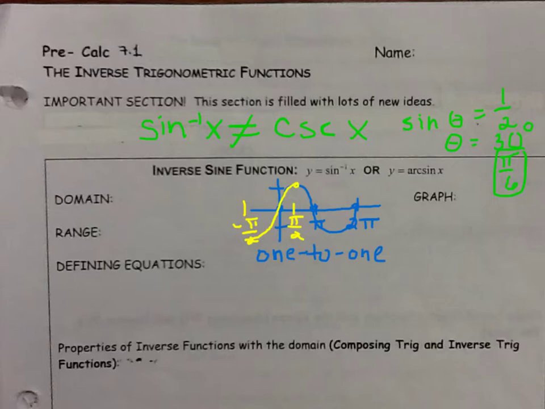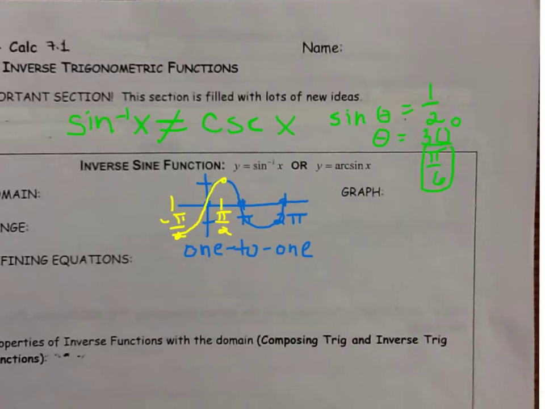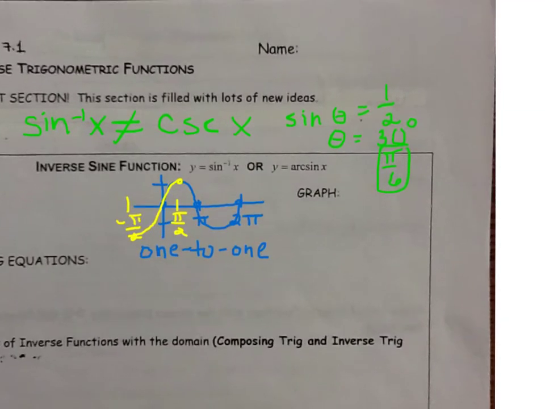So what I want to do out to the side here, under the graph portion, is graph what the inverse sine would look like. And now we have to remember to graph inverse functions, we're going to switch the x and y's. So in red here, this is going to be y equals inverse sine x. Okay, so here's what we're going to graph.